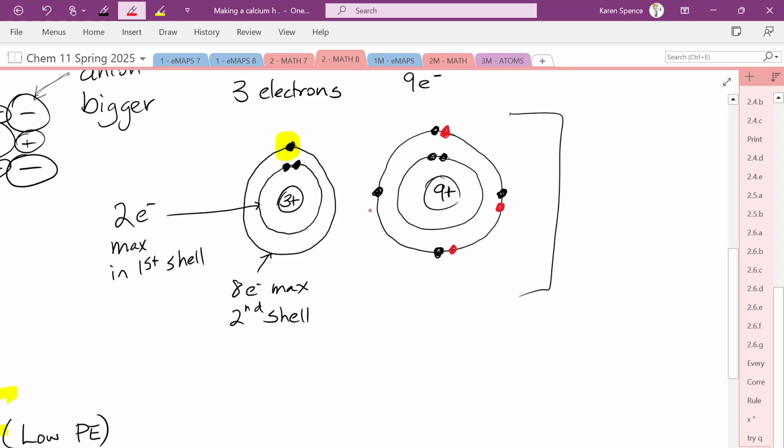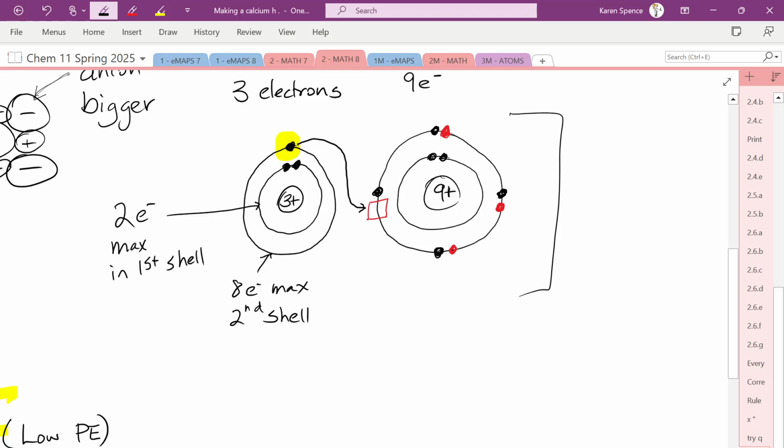We have an empty spot here, and we would either need to put an extra electron in there or get rid of all 7. What seems like the most easy way to deal with this problem? Yeah, we're going to add 1, and it's going to come from the lithium.